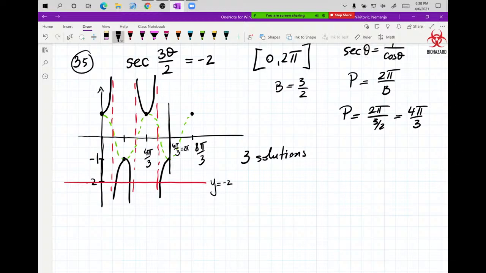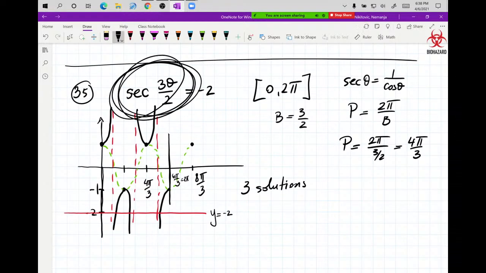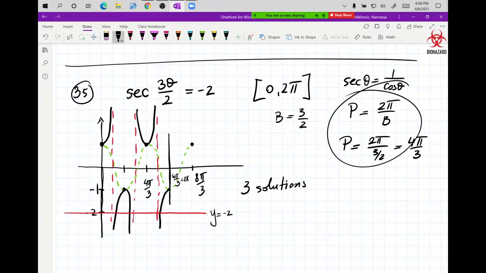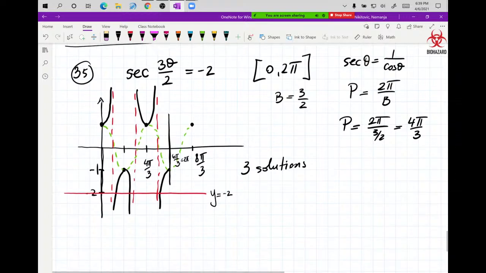Just having, let's say, this much could be a question on an exam for chapter 4: just graph secant 3 theta over 2. And obviously, if you don't have all of the side calculations, you clearly used a calculator. You didn't graph it yourself, because you can't just come up with this without any of the side calculations.